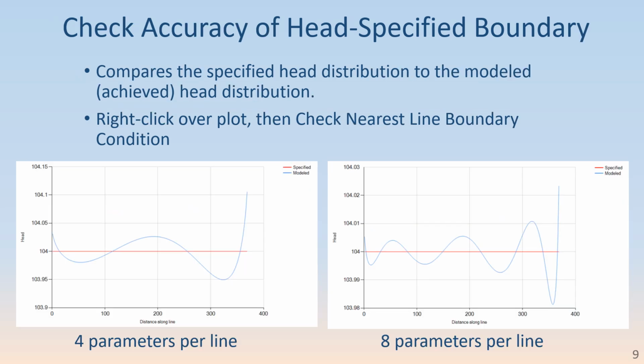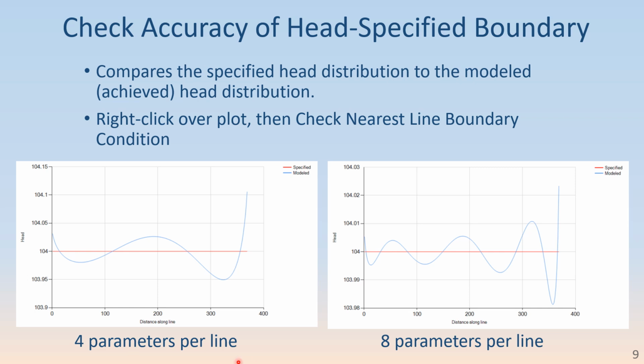With all line elements that have unknowns in them, you can check the accuracy of the boundary condition that you've achieved compared to what you've specified. And for a head specified line boundary, you get plots that look like these two. The red lines are the head you've specified, and the blue curve is what you've actually achieved with the model.